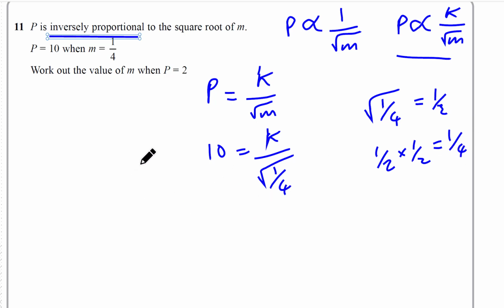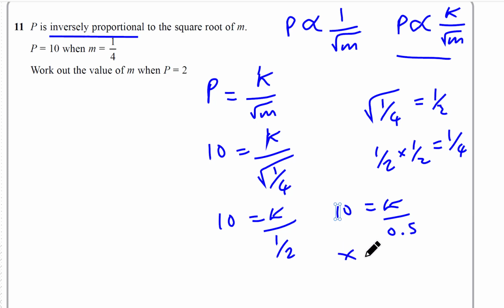So this is going to become 10 equals k divided by half. Now when you divide by half, it's the same as multiplying by 2. So let's just write this so it's easier for us to rearrange. We've got 10 equals k divided by 0.5.